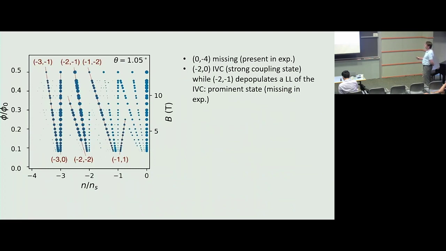Now, the -2,0 line, so the vertical line here, is an IVC, so it's a strong coupling state, but the -2,-1 line, this one, just simply corresponds to depopulation of a Landau level of this IVC. It is a prominent state with a large gap, but it is missing in the experiment.